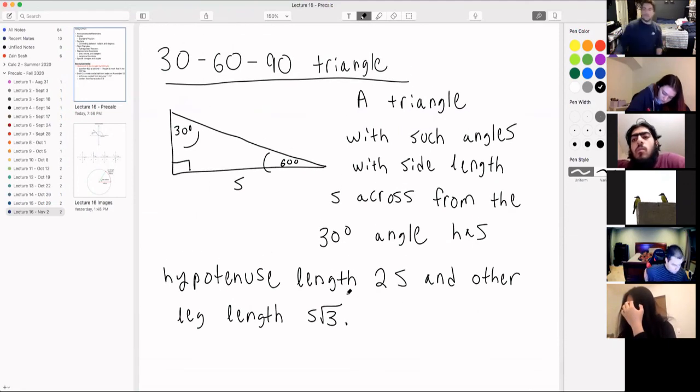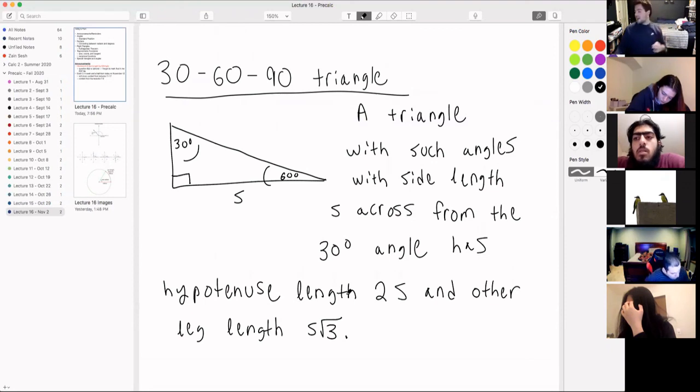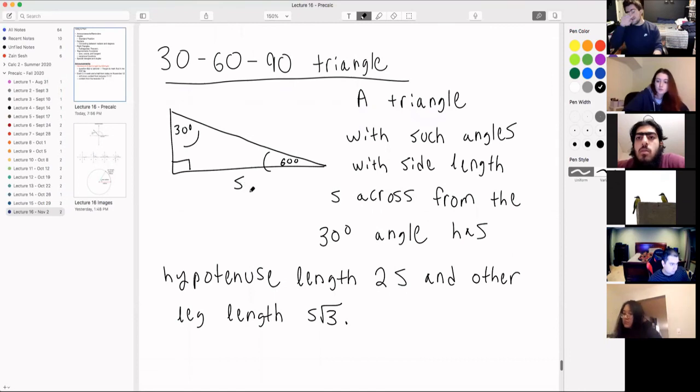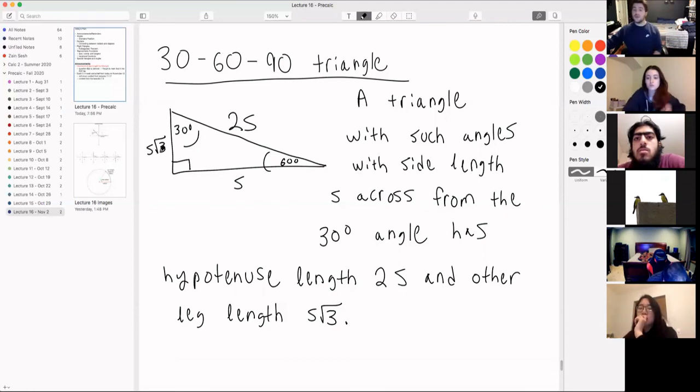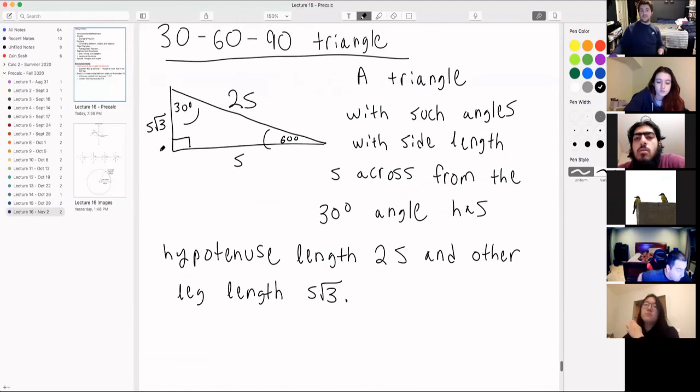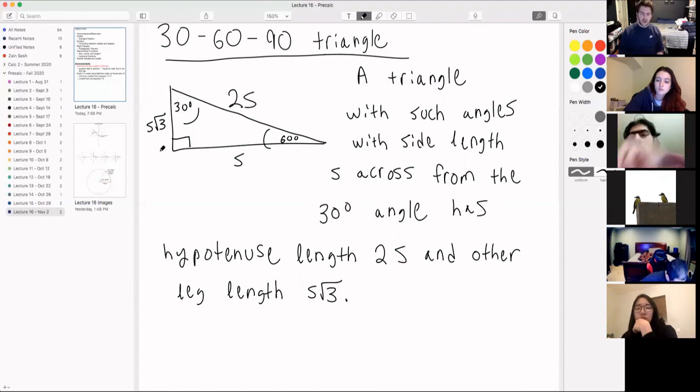Okay, this is a very nice fact from geometry, a very classic fact. If you have a 30, 60, 90 triangle and you label this side S, you know for a fact that the hypotenuse will be twice the length of S, that's 2S, and this other leg will be S multiplied by the square root of 3. This is a theorem of geometry, a very standard fact. I'm not going to prove it, but it is easily provable. We're just going to take it for granted.